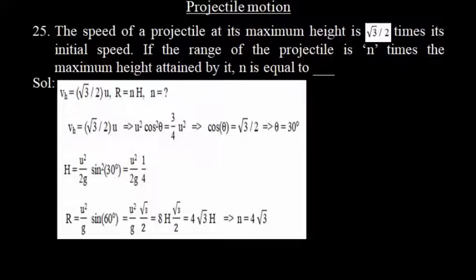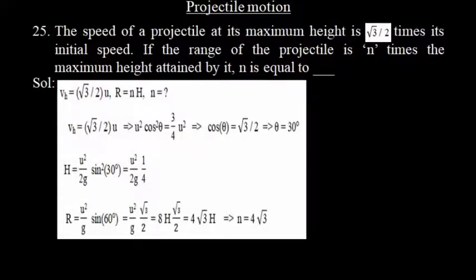Also, the initial condition is at maximum height, its speed is root 3 by 2 times the initial speed. At maximum height, velocity is taken as Vh, that is equal to root 3 by 2 times the initial speed u. Then R is equal to n into H. We have to find the value of n.